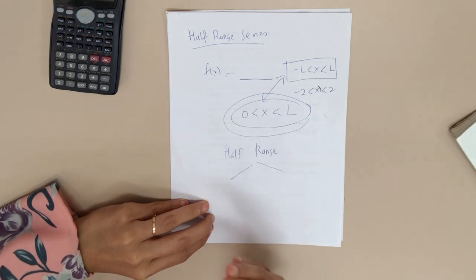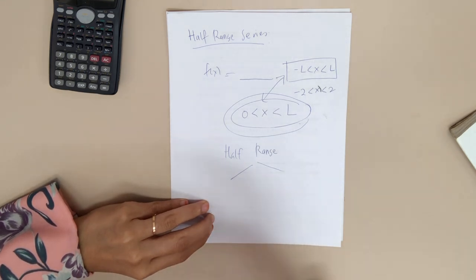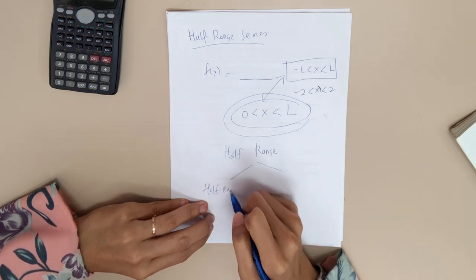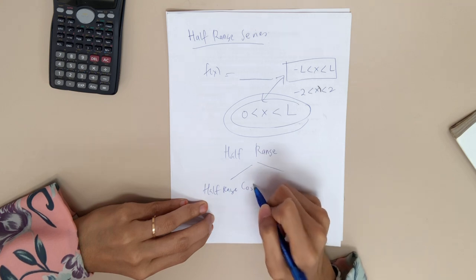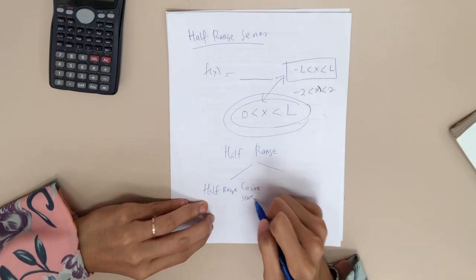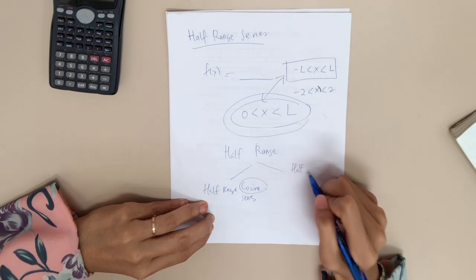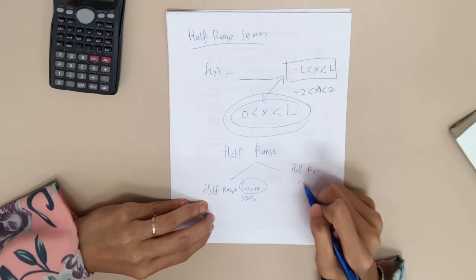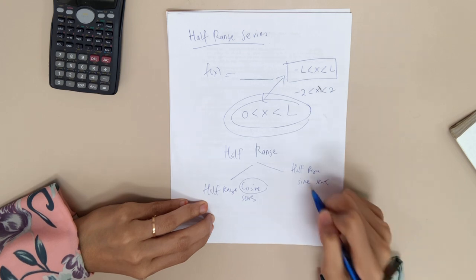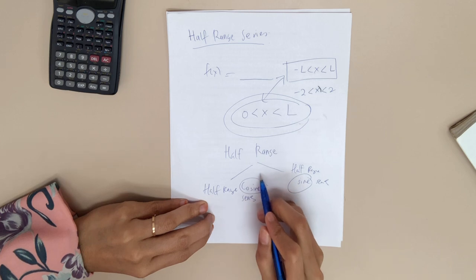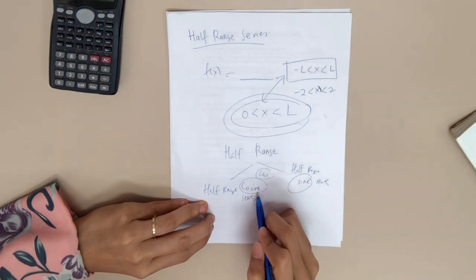Same thing for half range, but we don't call it odd and even. We call it half range cosine series and also half range sine series. What is meant by cosine and sine? Cosine is cos, the full name.